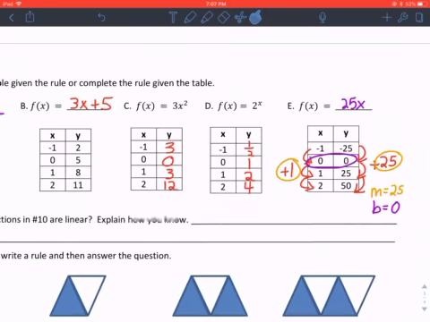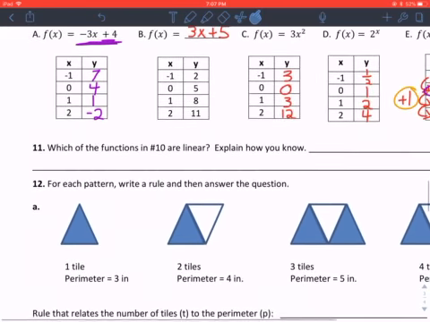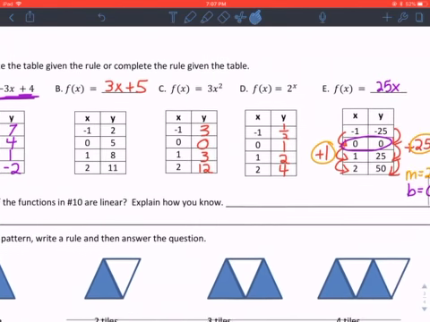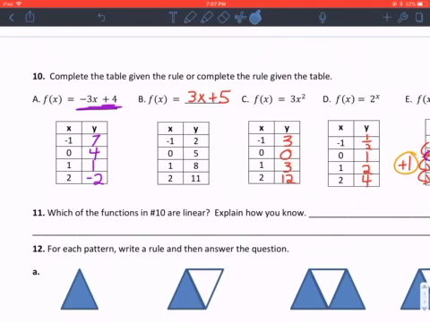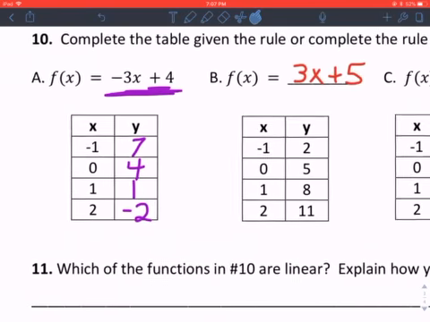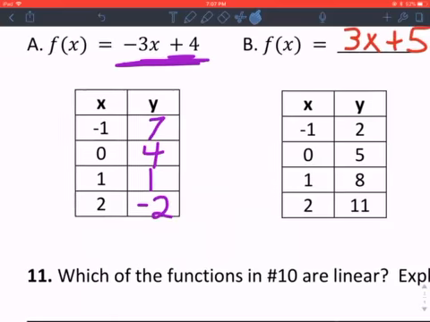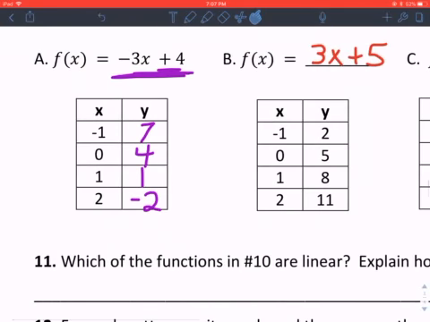Okay? And number 11 says, which of the functions in number 10 are linear? Explain how you know. Okay, so to tell if something is linear, it has to have a constant rate of change, meaning it changes by the same number each time. If I look at A, my y values are changing by the exact same value every time, and so are my x's.